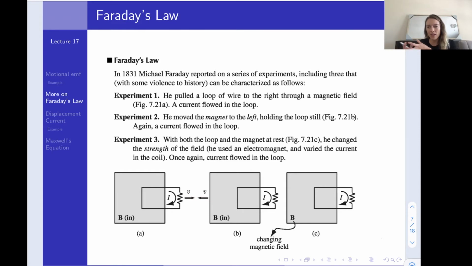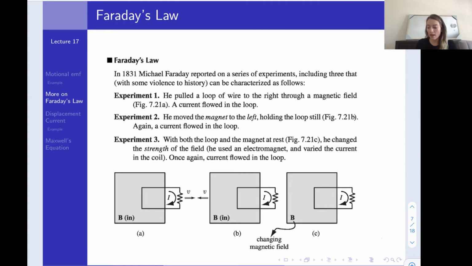But to them, they didn't have that notion yet of relative reference frames. They were only thinking in terms of, I'm standing still, so that's the reference frame. So it was counterintuitive to them at the time that it wasn't the absolute motion of the magnet or the wire that mattered. It was the relative motion between them.